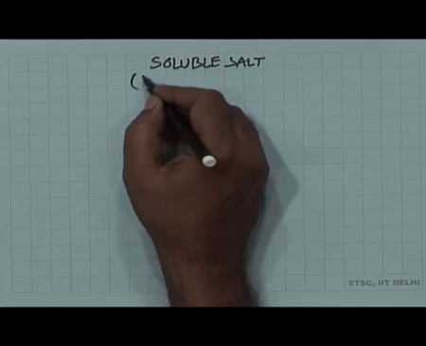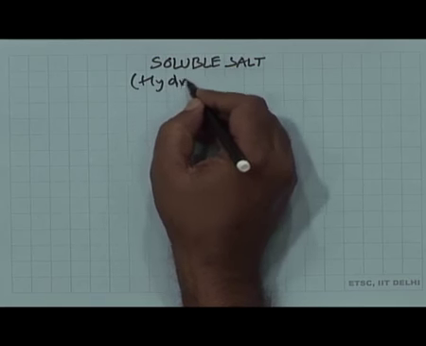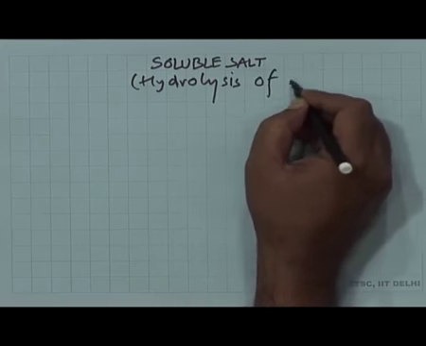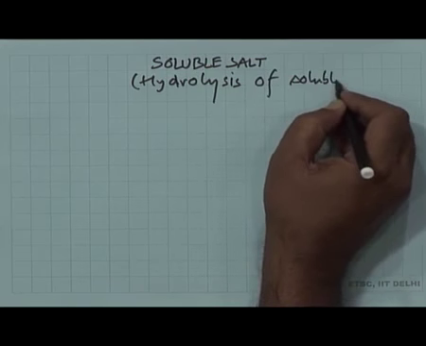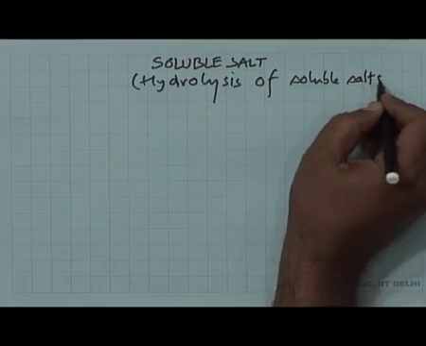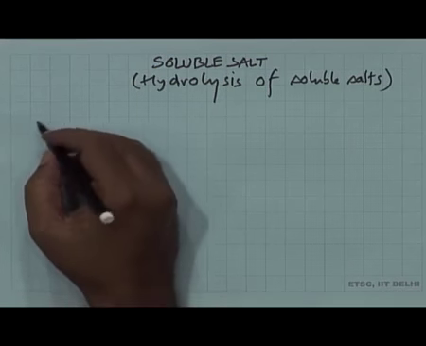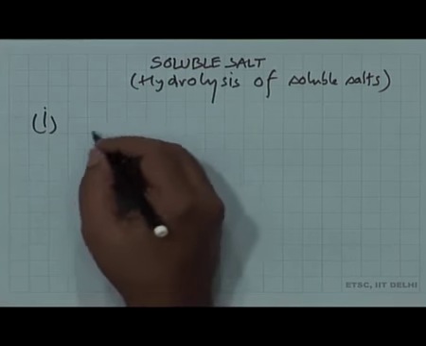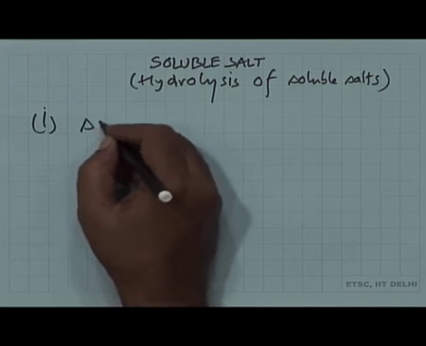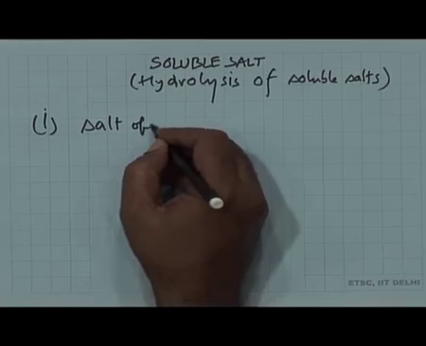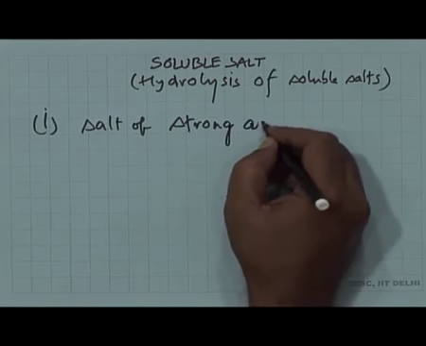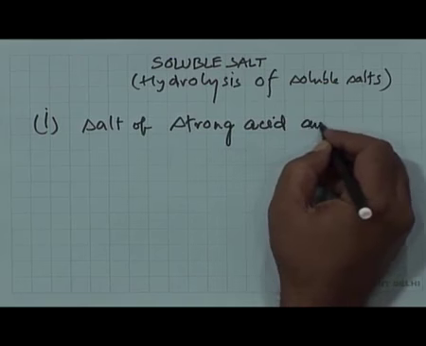So, hydrolysis of soluble salt. There are 4 different types we are going to consider. First is the salt of a strong acid and strong base.